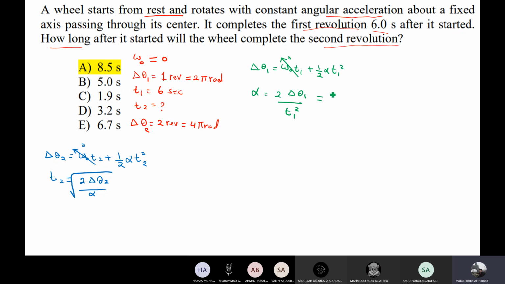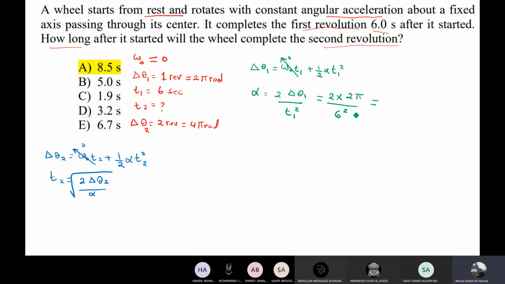We have all the parameters. 2 times delta theta 1 is 2 pi rad over T squared, which is 6 squared. Can you calculate this one?